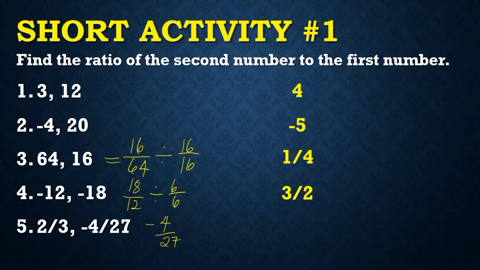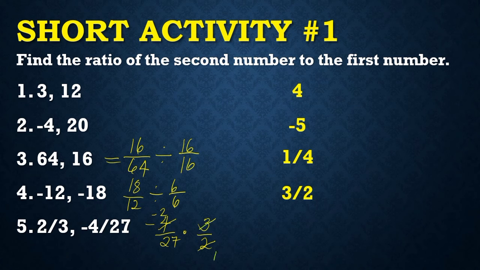Ang reciprocal ng 2 over 3 ay 3 over 2. I-multiply natin 3 over 2. And then, negative 4 tsaka 2, pwede natin yan i-cancel kasi may common factor sila, which is 2. Ito magiging negative 2, yung 2 magiging 1.